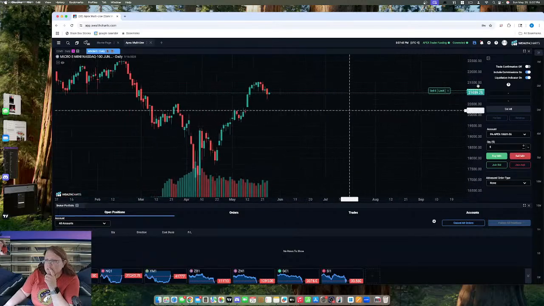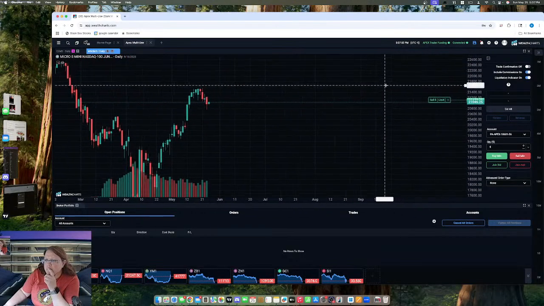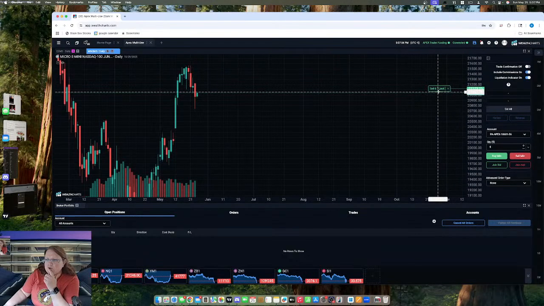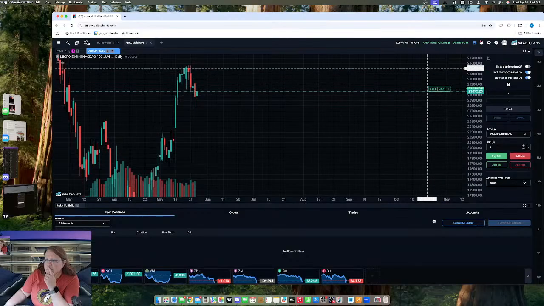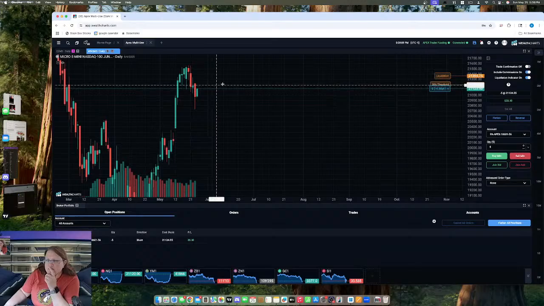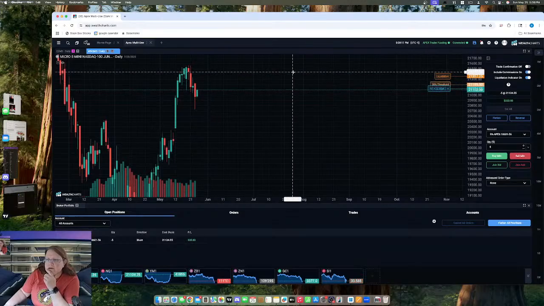I got an order in to sell 5 micros up there at, if I can figure out where it is exactly, 123. I may move it down to about 120. The reason I got it here at 123 is right there. Okay, so it just put me in for 5.